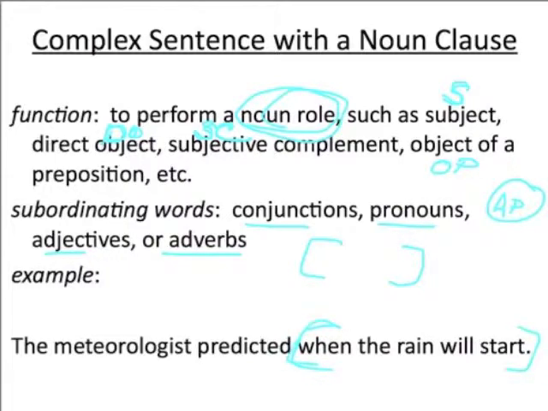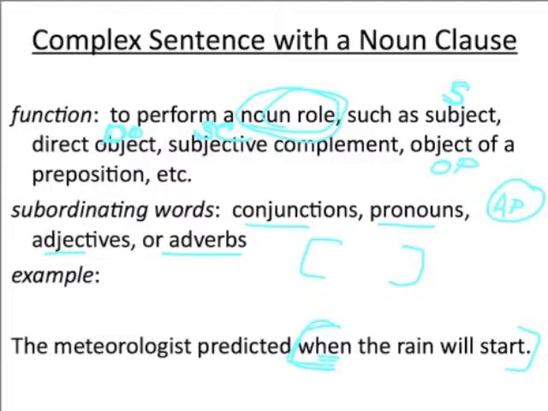Now notice it's subordinating with the word when, and that would maybe make some people think this might be an adverb clause because it's talking about a time concept, right? And time is usually adverbial. But this doesn't behave like an adverb clause for a few reasons. One, remember with an adverb clause, you can usually move the adverb clause around.